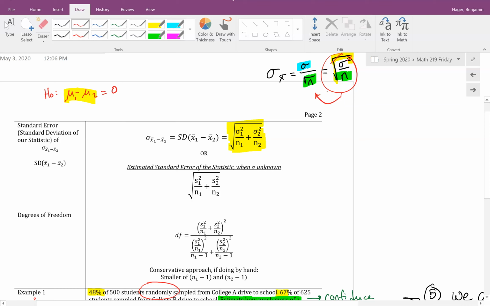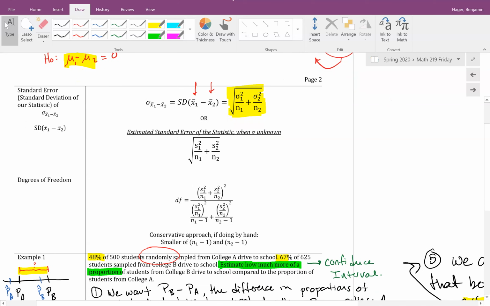Now, very similar to proportions, if I'm looking at the difference of two means, I'm basically adding up their standard deviations. I'm adding up the total fluctuation they may have. If this is the case, you would use z-statistics, because you're using population standard deviation. More than likely, and in fact everything we're going to encounter in this course, we are going to have to use the sample standard deviation.